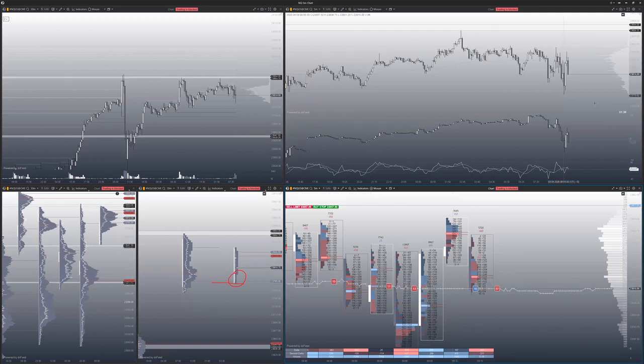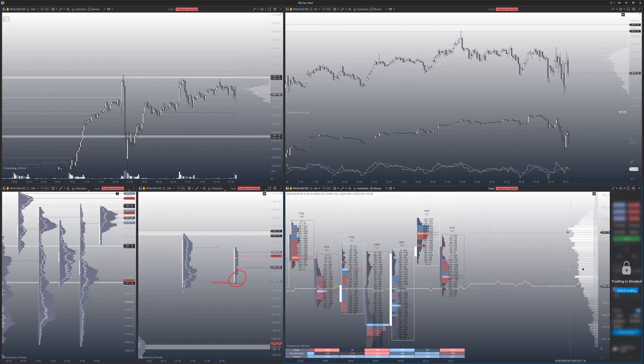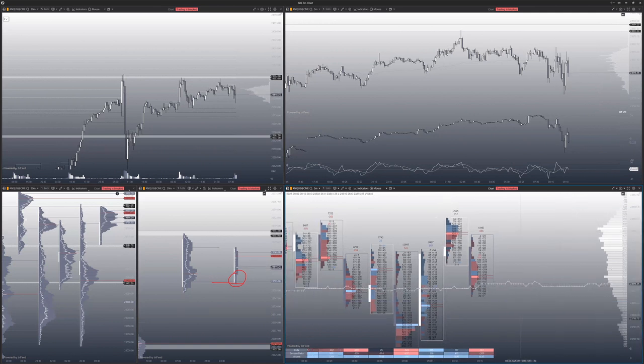So we need to wait. That's a bar close. Okay, I put my limit. Hello? Why is it not showing? Okay. Shit, I have a lock there.